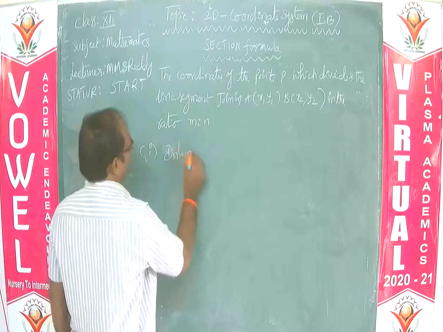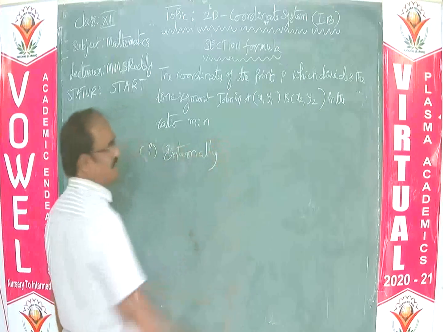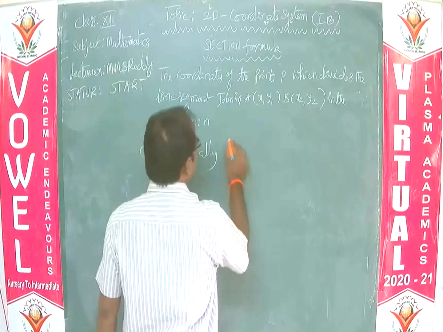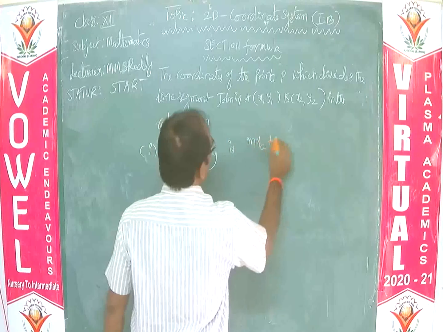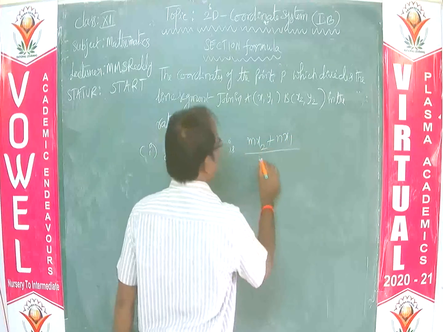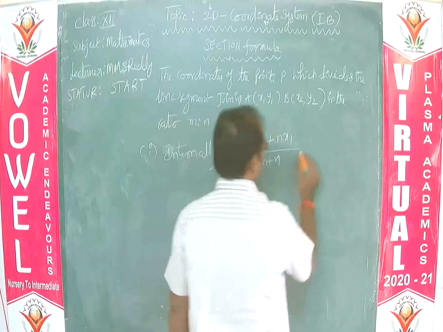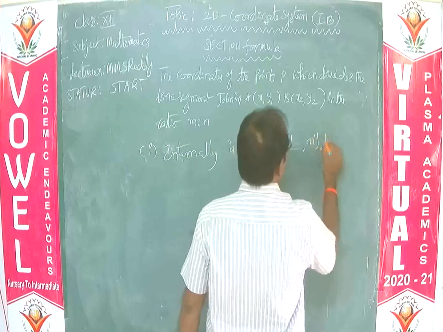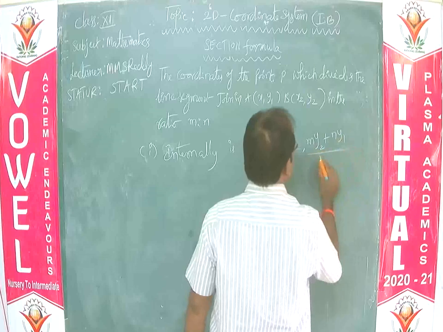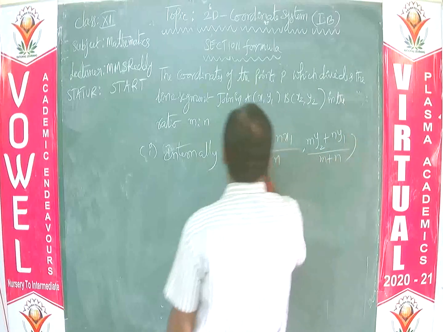Number 1, internally, is (mx2 plus nx1 by m plus n, my2 plus ny1 by m plus n).